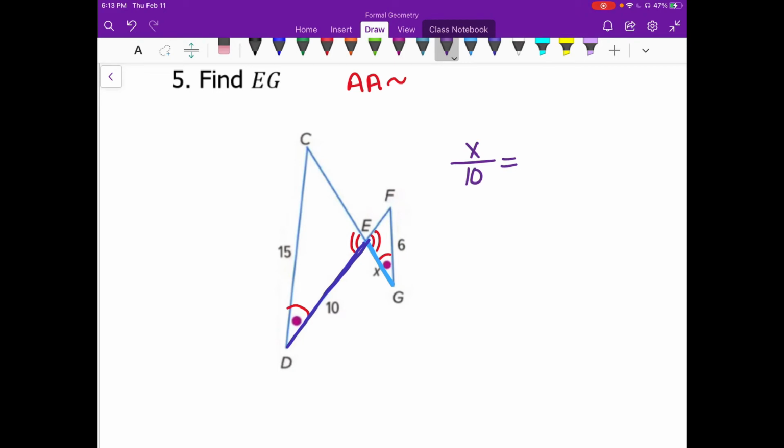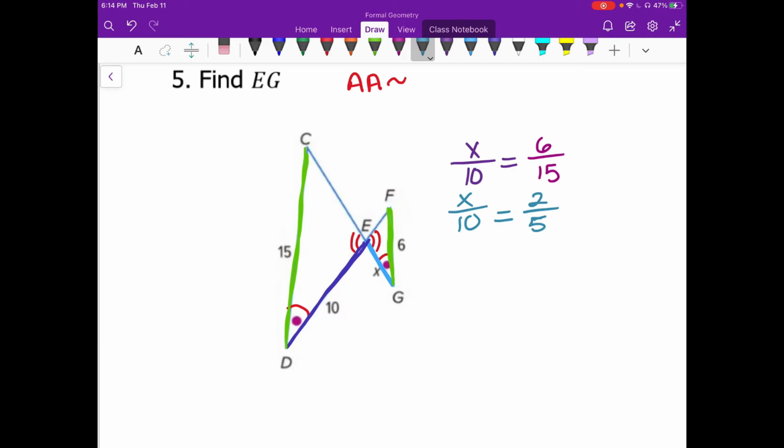So that will be using 2 other corresponding sides. I'm going to use FG and CD to figure that out. So FG was 6 and CD is 15. We can reduce 6 over 15. That will reduce to 2 over 5 equals x over 10.